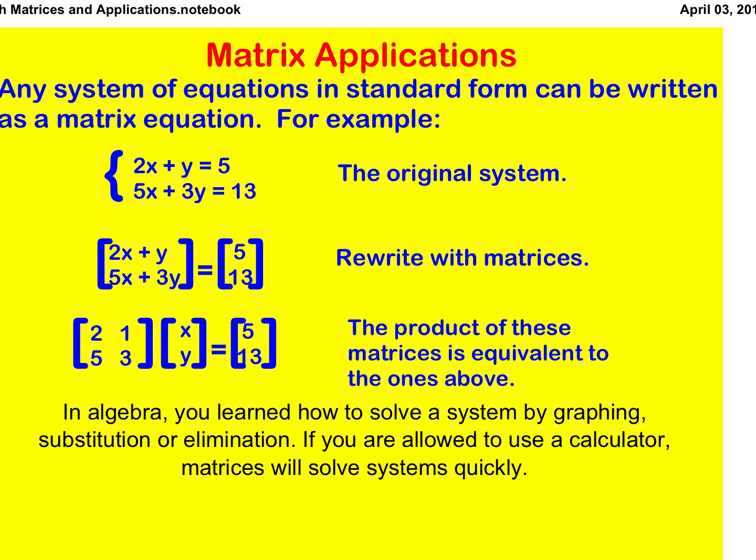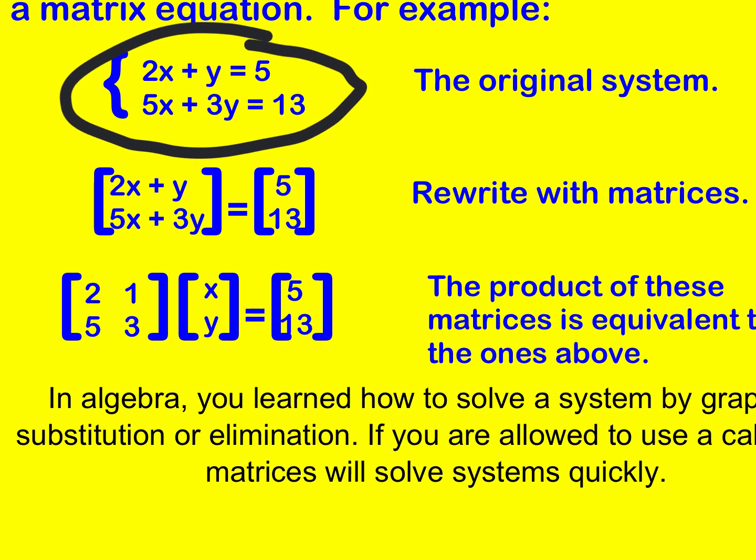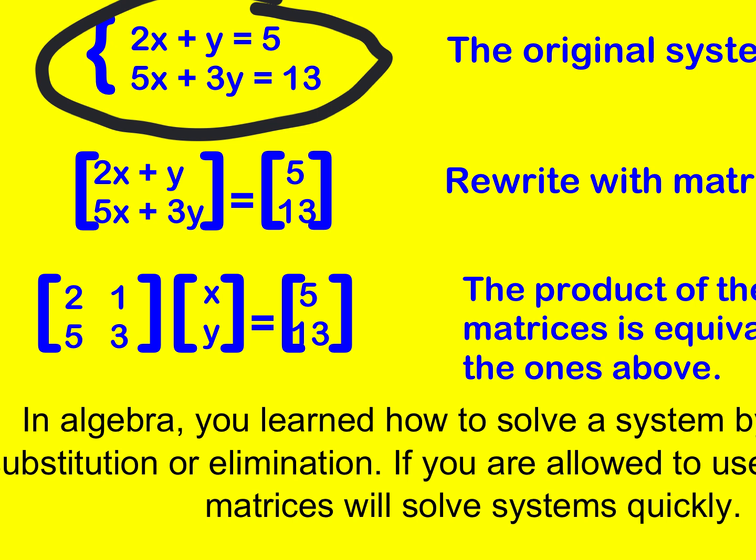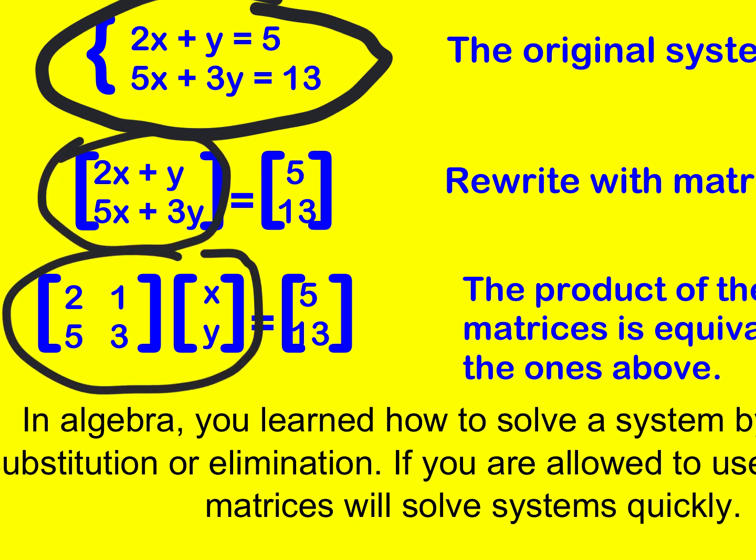What if they gave you the info in two equations? Look at how they turned this into matrices. You've got the left side of the equations and the right side of the equations, and then they stripped out all the variables. This turned into this.